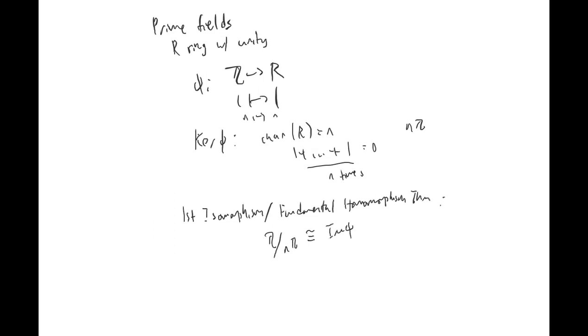We don't know it's surjective onto R, but it is surjective onto the image, whatever the image is. And we know the image is a subring of R. There are two cases. When n equals 0, this is isomorphic to Z. When n is bigger than 0, your ring has a copy of Z mod nZ. So that's the first thing.